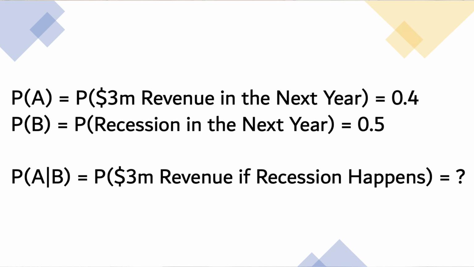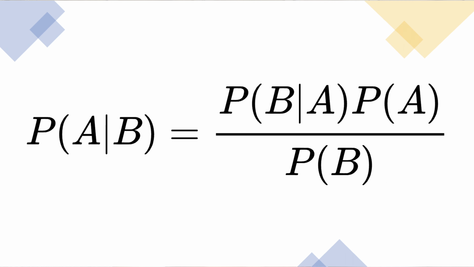You know the probability of B, which is the probability of recession next year, that you know from that economic institute. Now you want to make a new guess for the probability of sales around 3 million, knowing that there is a chance of recession.